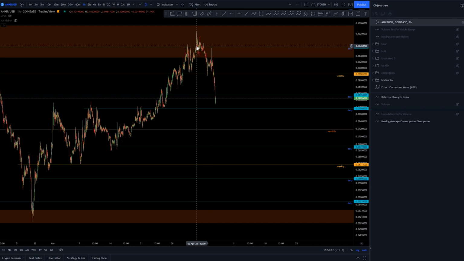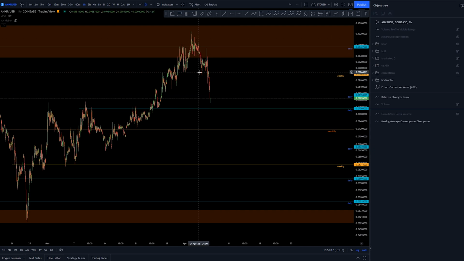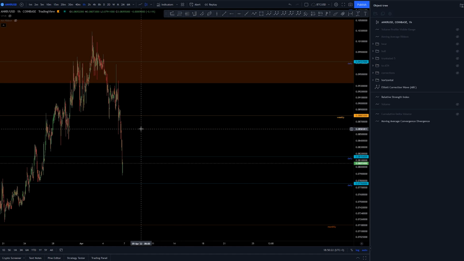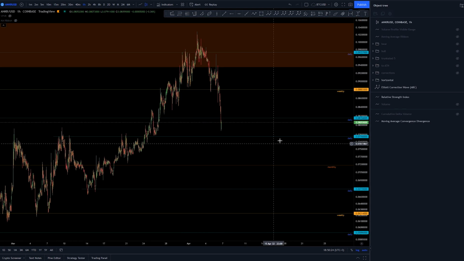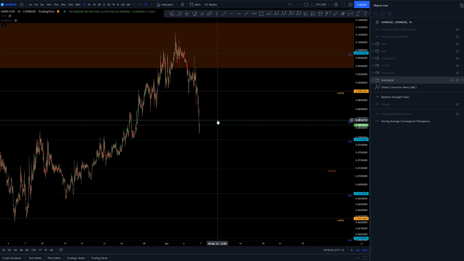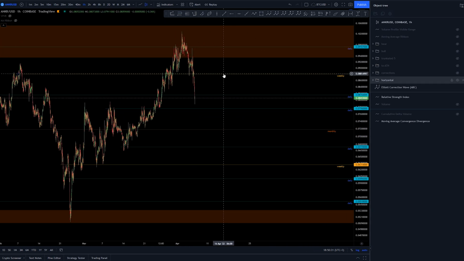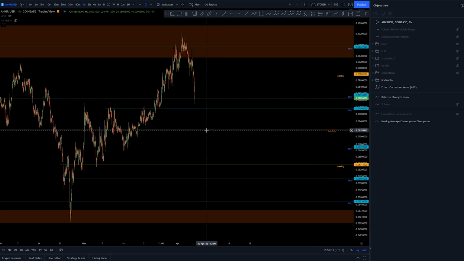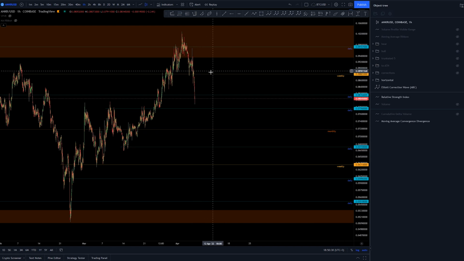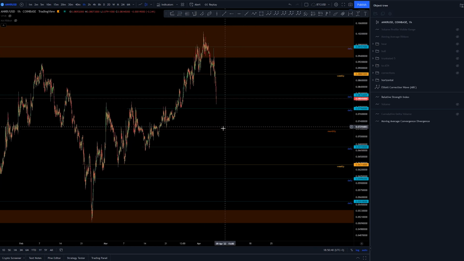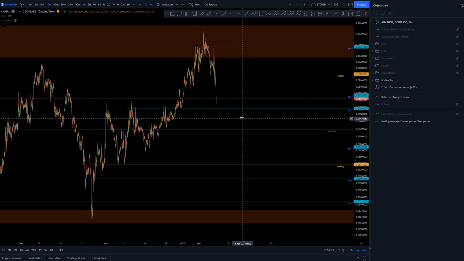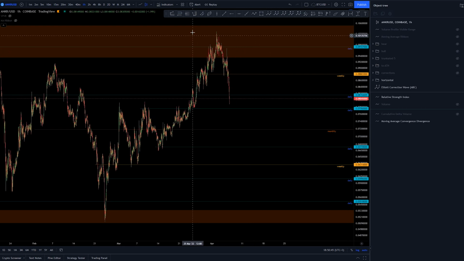Currently at the highs here, we were battling with this daily level and tapped this weekly, backtested this daily, and went straight through this weekly again, and now again went through this daily down here, this weekly and most likely this monthly. Of course, this daily is going to be resistance and support levels around these. So if you haven't marked them and are trading ANKR, they are definitely ones to look out for.